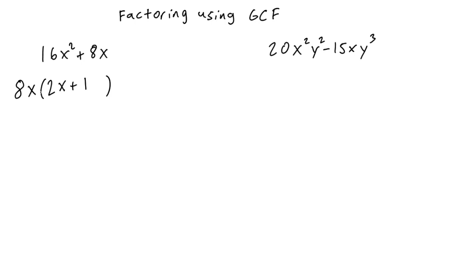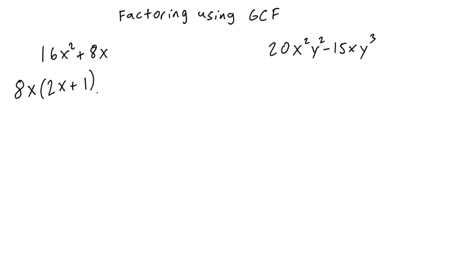Anything divided by itself is 1. Or you could just say you're taking away an x from x, and so there's no x's left. So I can make these parentheses a little bit smaller and just say that. And this is our answer.